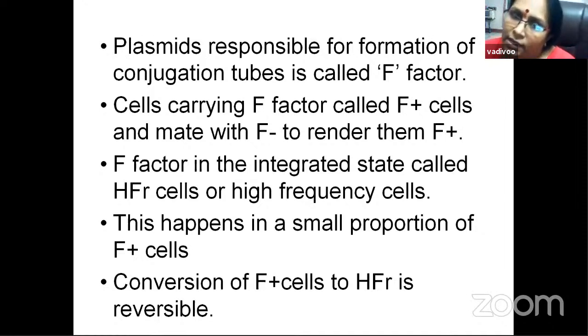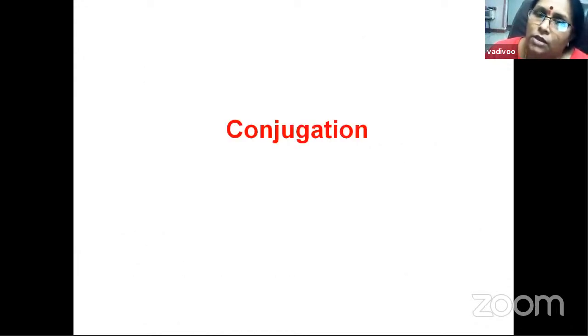When the F factor is in an integrated state with the bacterial chromosome, it becomes HFR cells, or high frequency recombination cells. This happens in a small proportion of F plus cells, and the conversion of F plus cells to HFR is actually reversible. I will explain that in conjugation.